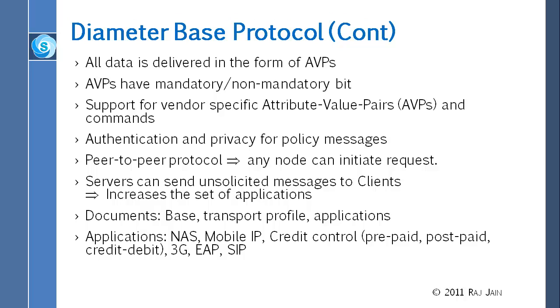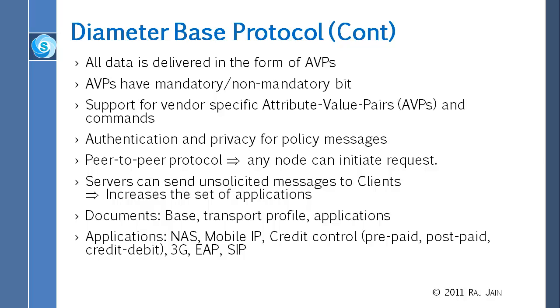So similarly here, if that bit is set, and you don't understand it, you throw away the whole message, and if it is non-mandatory, then you can just read the rest of the message. So support for vendor specific, so vendors can extend it with some more TLVs, attribute value pairs.